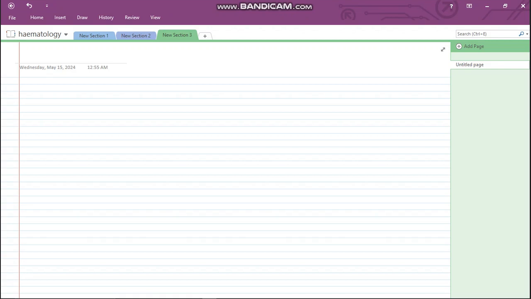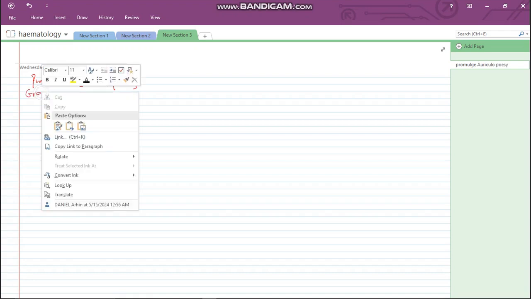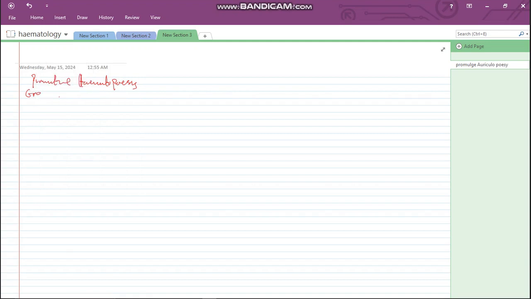So, primitive hematopoiesis. In the gastrulation stage, we have the ectoderm, mesoderm, and endoderm.